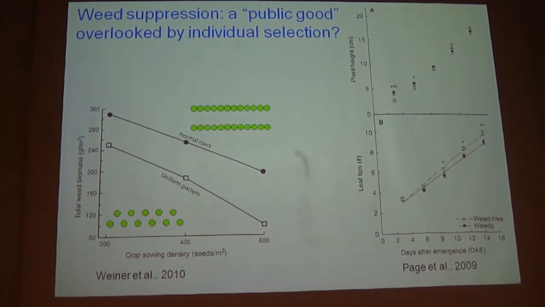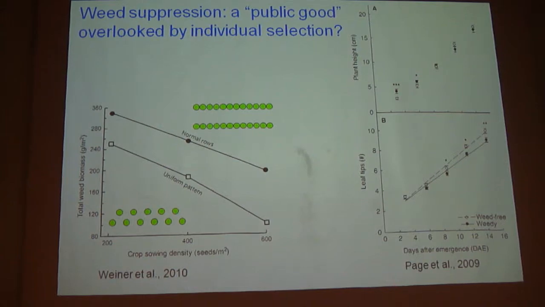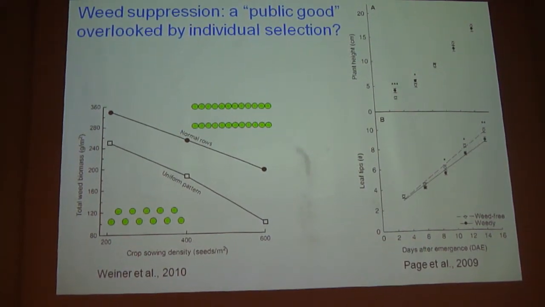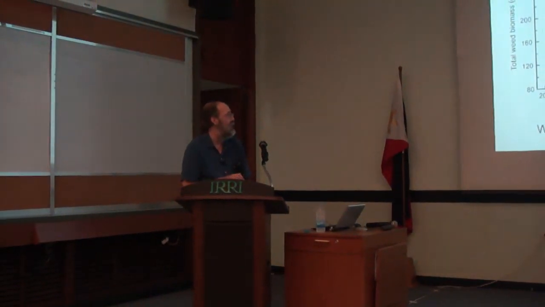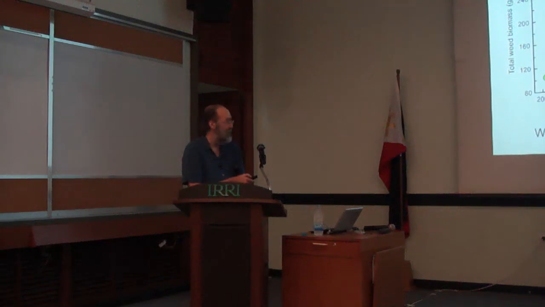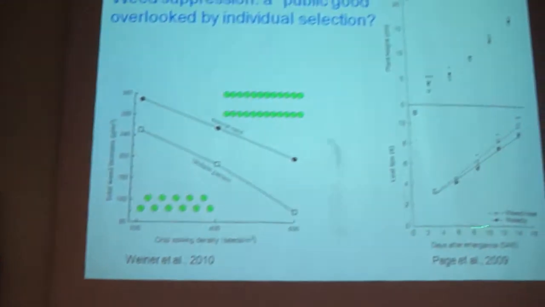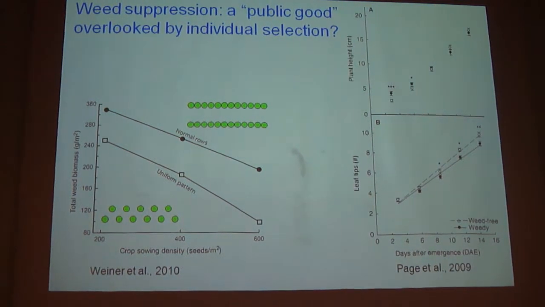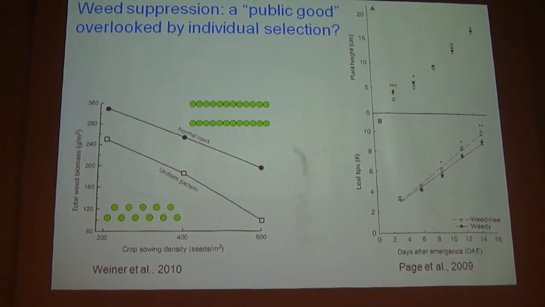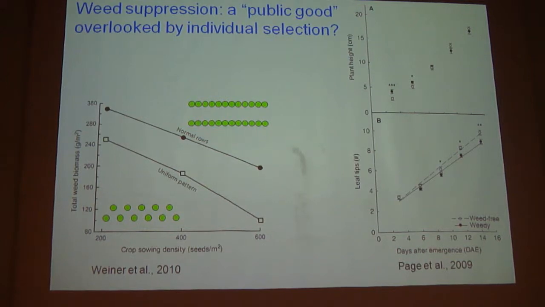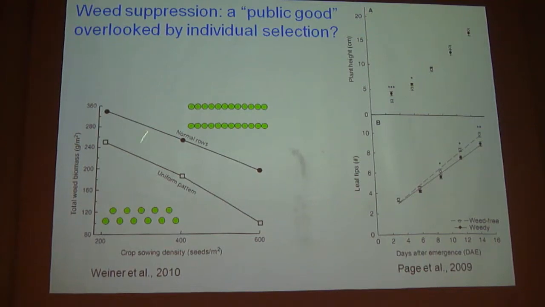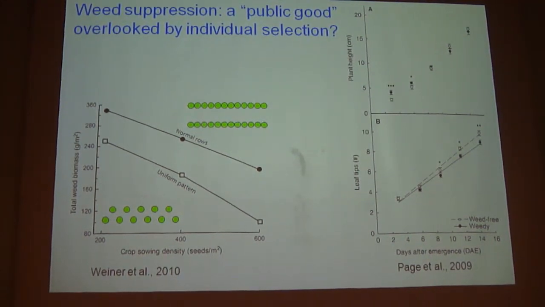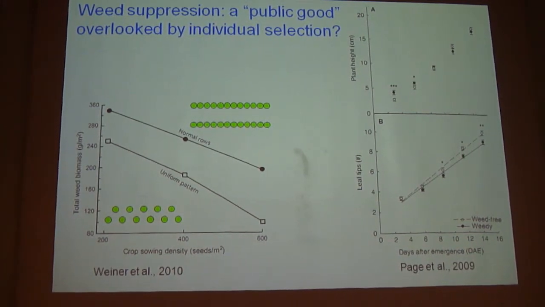So he's suggesting that it may be possible to modify these responses in ways that wouldn't have been favored by natural selection in terms of individual fitness, but that might give you better weed suppression. Well, I guess I would say that his arguments about what kind of response crop plants ought to have to crowding, maybe the evidence for that is not quite as clear-cut as the evidence for the benefits of a more uniform spatial planting pattern and higher density, but at least something to think about.